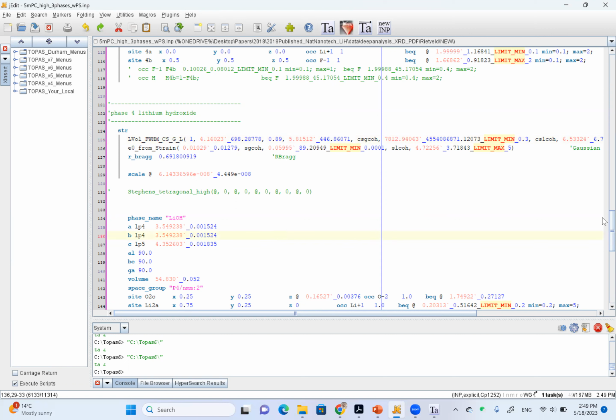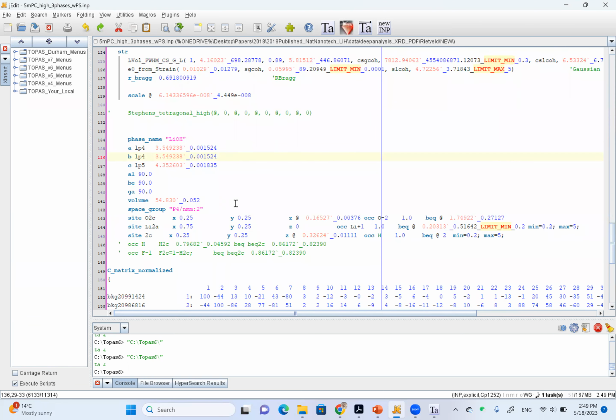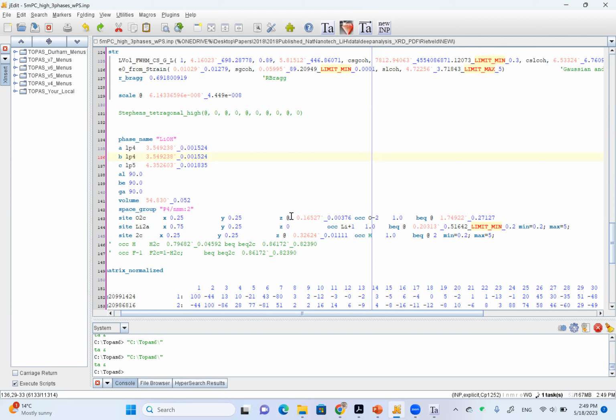And for lithium hydroxide, we can refine the last parameters. And it does have freedom in atomic position. So we see both the oxygen and the, what's this? Actually, this is oxygen. Oh, this is hydrogen. Okay. So this is hydrogen. But hydrogen is so weak in scattering, right? So basically, this one is more symbolic.